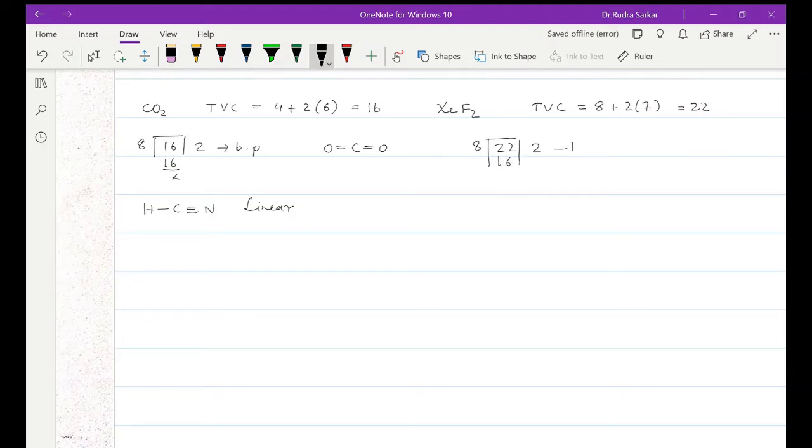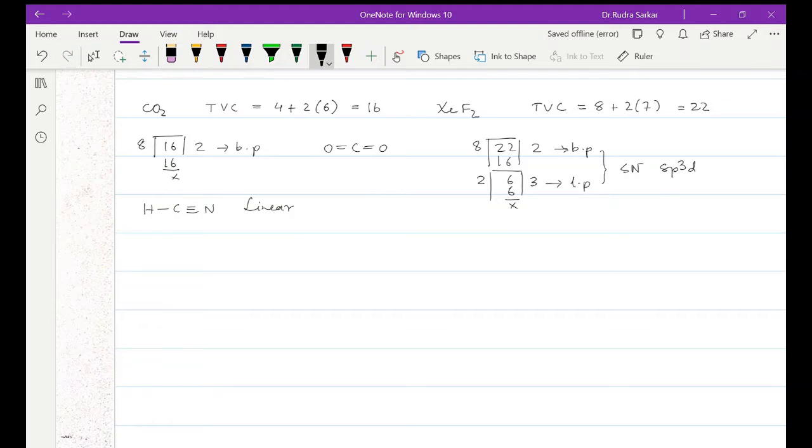This number corresponds to the bond pair. The remainder is less than 8, we divide by 2. This corresponds to the lone pair. Both the numbers together represent the steric number.